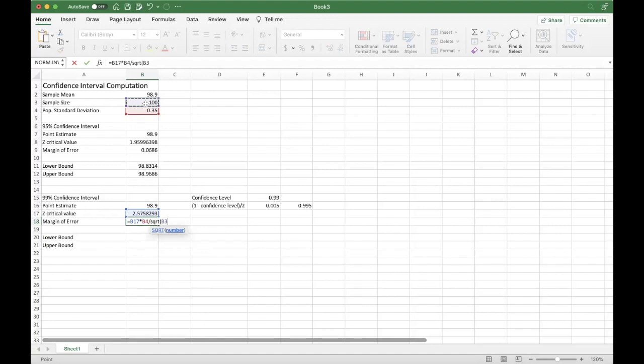We see that this value is a little bit bigger, right? Because we are multiplying by a Z critical value that's a little bit bigger. And we've got then our lower bound of our interval is 9.89 minus the margin of error, and our upper bound is 9.89 plus the margin of error, right? So you can see that this one's actually a little bit bigger, a little bit wider.